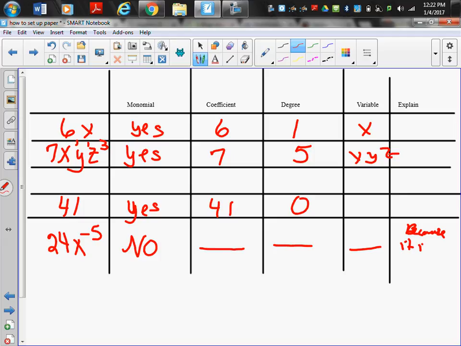Because it is raised to a negative exponent. You cannot have a number raised to a negative exponent.